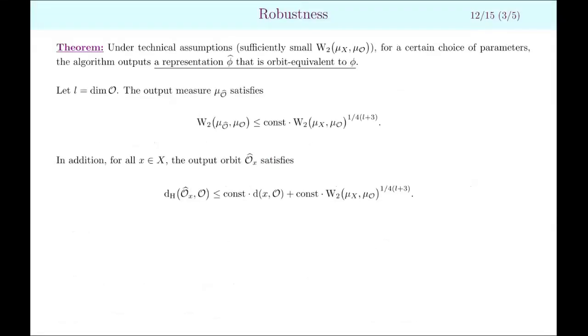We are able to obtain a result like that: if the sample is close enough to the underlying orbit, in the measure theoretic sense, and under a lot of technical conditions, then the algorithm succeeds in the sense that you find the correct orbit equivalence class, and we even have a bound on the proximity between the estimated orbits and the unknown orbits.